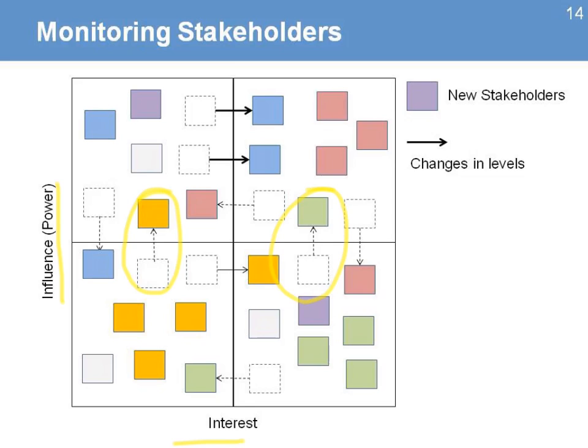So now we need to be more cautious about how we are going to manage these stakeholders. And we can also see certain stakeholders that are new, meaning that we didn't identify them before, but now we can identify them in this matrix. We need to take action, especially when we have stakeholders with high influence and low interest, on what we can do to move them and increase their level of interest in the project, because probably we need their support.